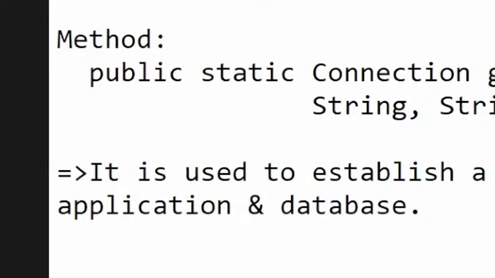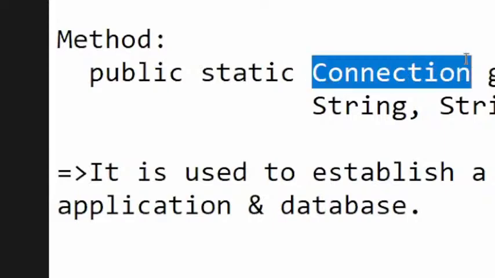Now, the getConnection method is in which class? DriverManager class. Can we access it directly in the demo class? No. Then how to access? By using the class name. What is the return type of this method? Connection. Then how to write?